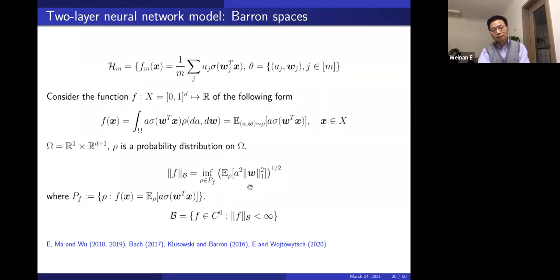It's kind of confusing because Barron defined a different norm, not the same as this, but we decided to call it the Barron norm. And here we have to take an infimum over all probability distributions for which this holds. The Barron space, the Barron functions, are defined to be continuous functions whose Barron norm is finite.